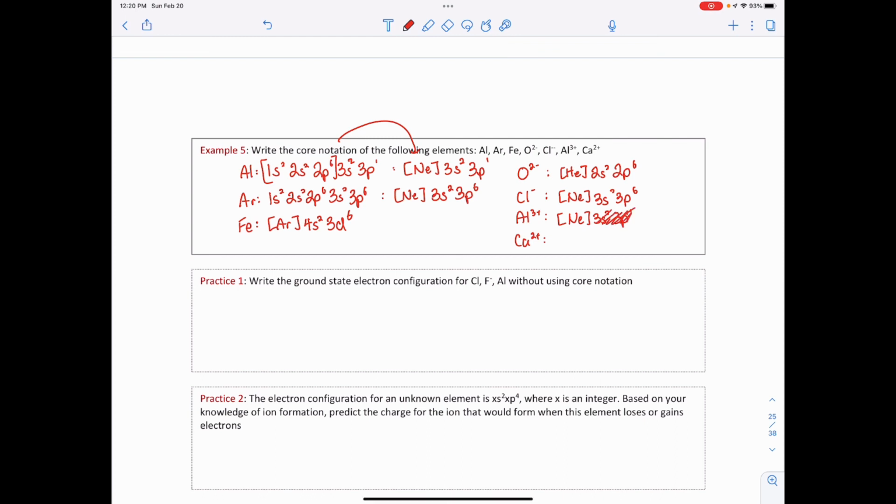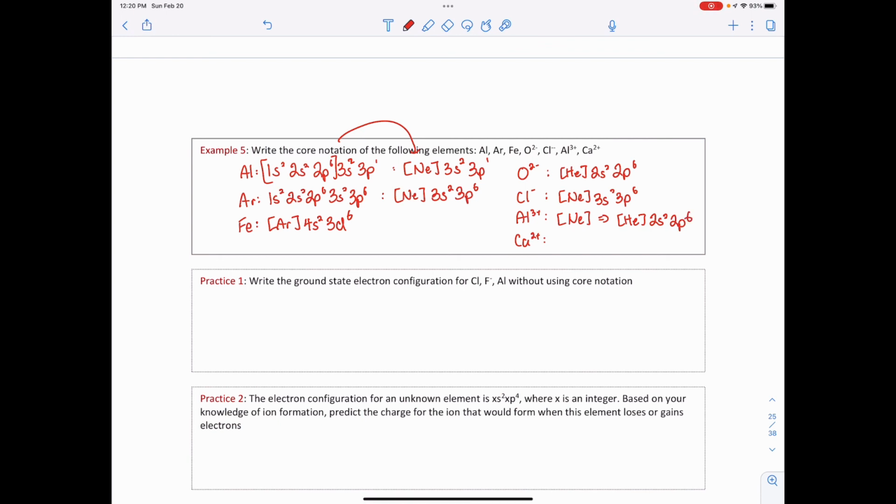So you cannot just leave your answer as a noble gas. You will always have to backtrack from it to figure out the noble gas before. You cannot quote a noble gas on its own. So we're going to convert this back to He, and then this is going to be 2s2, 2p6.